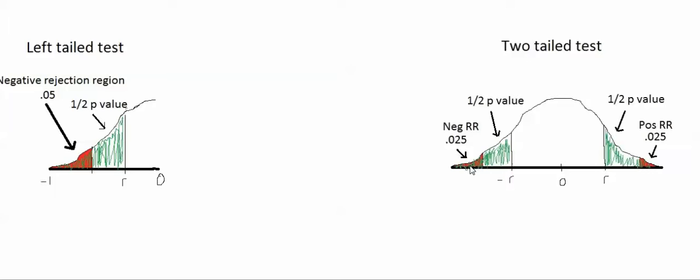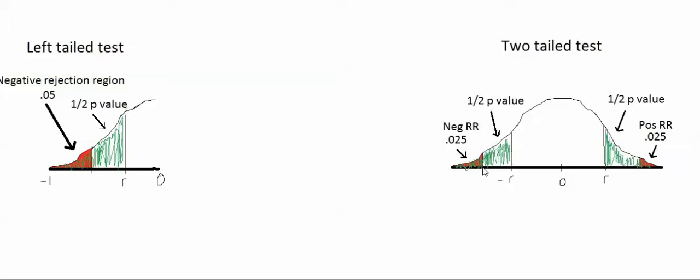In any type of hypothesis test, you don't want the total rejection region to be any bigger than 0.05. You want the total of these areas to be 0.05, and you don't want it to be any bigger than that, because if the total of the rejection regions is any bigger than 0.05, it becomes too easy to reject the null hypothesis.